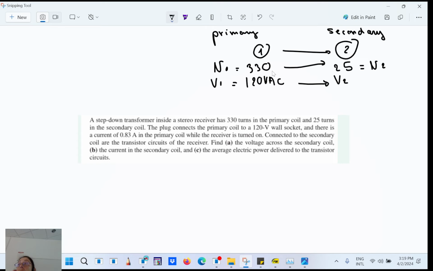I think so. Yes, you're right. You can do cross multiplication because it's going to be a proportion. Actually, it will be smart to do that. What you want to make sure is that if the number of loops decreases, the voltage has to decrease.